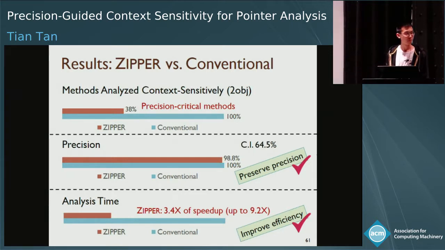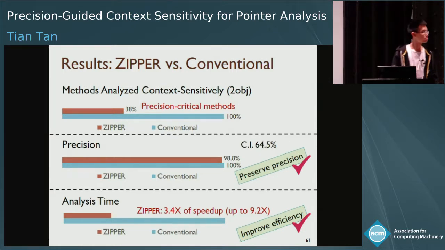Maybe in other words, if Zipper is not selecting a method, how do you prove that method is actually not contributing to the context sensitivity? Maybe I'm asking in terms of proof. Oh, you mean the formal proof? Yeah. It's a heuristic, right? So maybe we can take it offline. Yeah, sure.